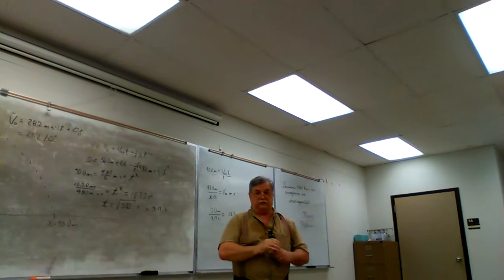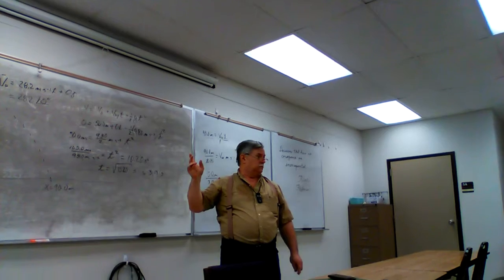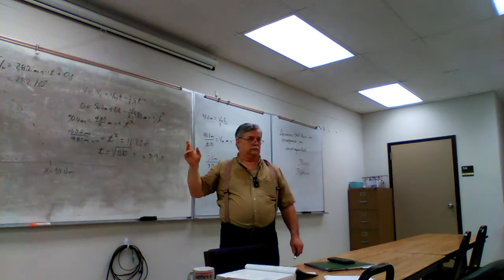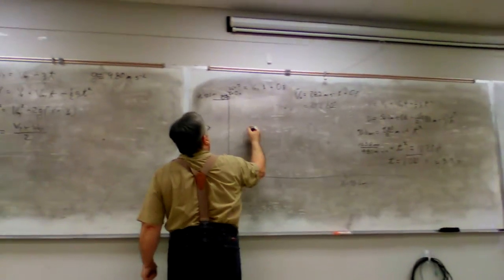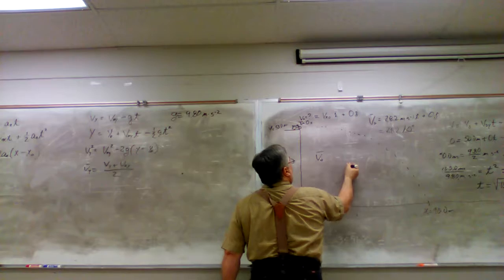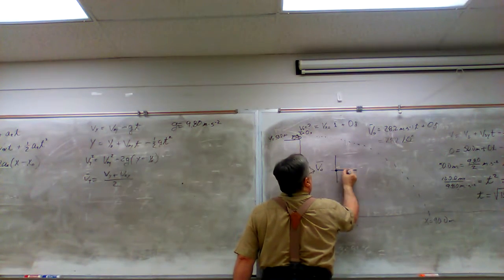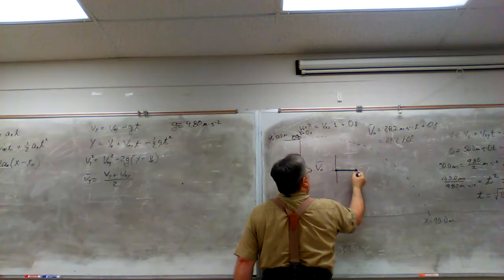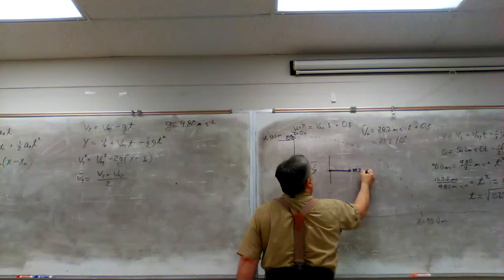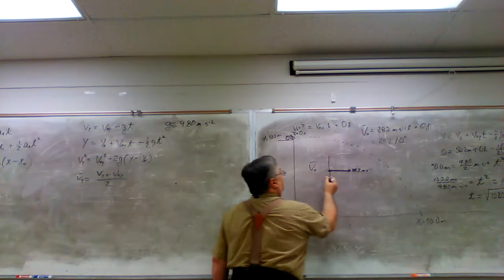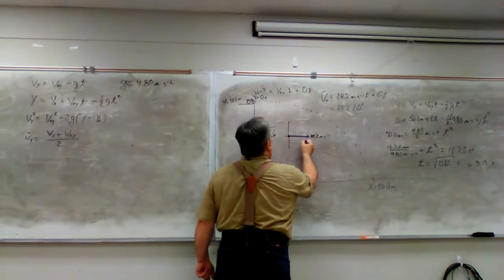Everybody see why that's true? Anybody not see why that's true? If you draw that vector, you get a magnitude of 28.2 meters per second horizontally along i.